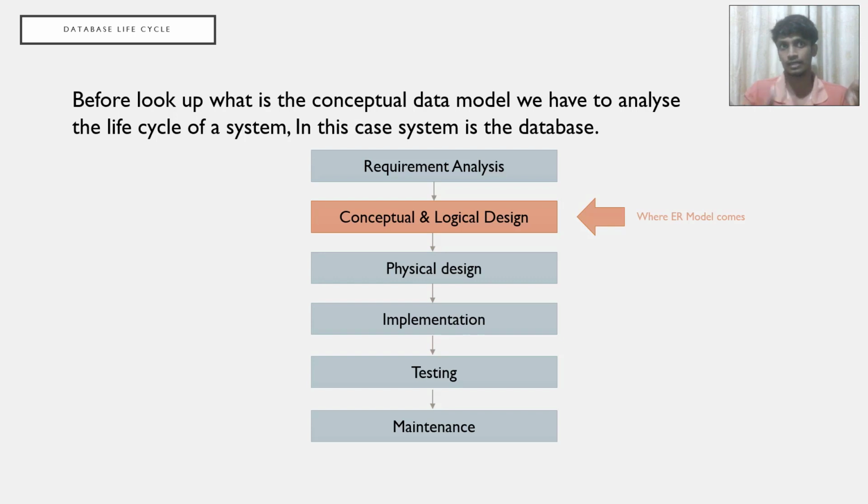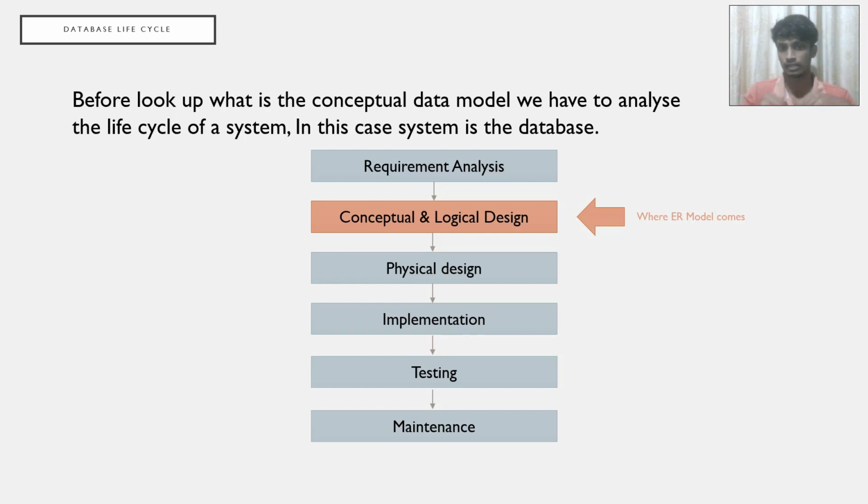So imagine a student data management system. The corresponding objects will be students, teachers, and the employees working in the school. There will be multiple objects, and there will be relations between those objects. Each and everything we analyze in the requirement analysis stage.